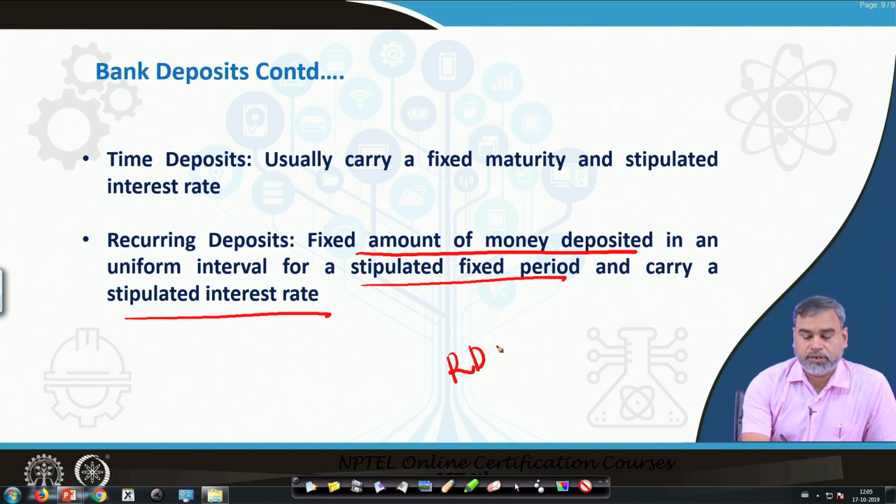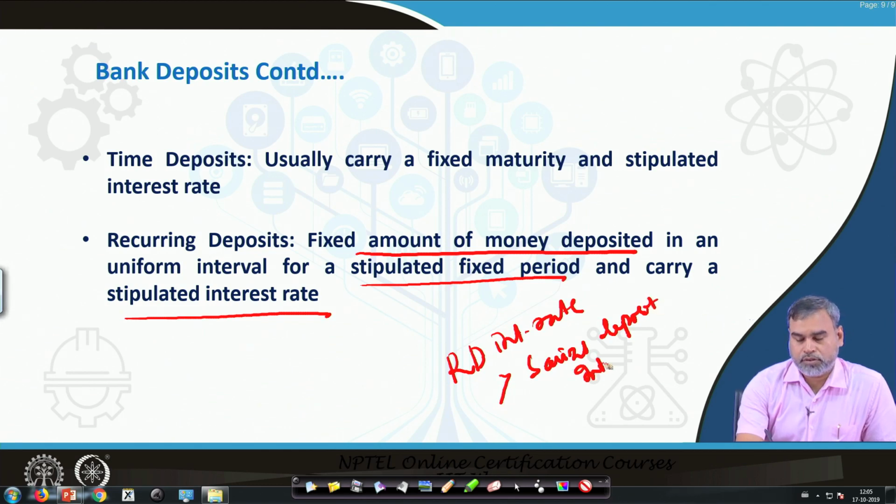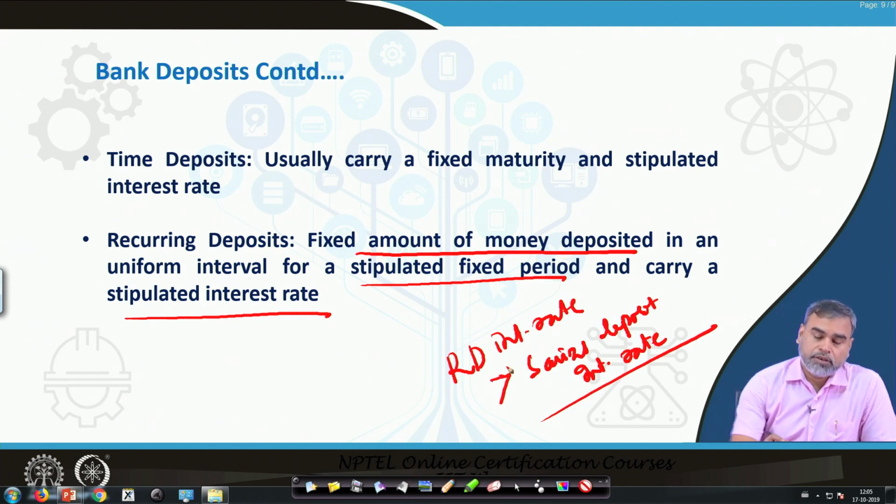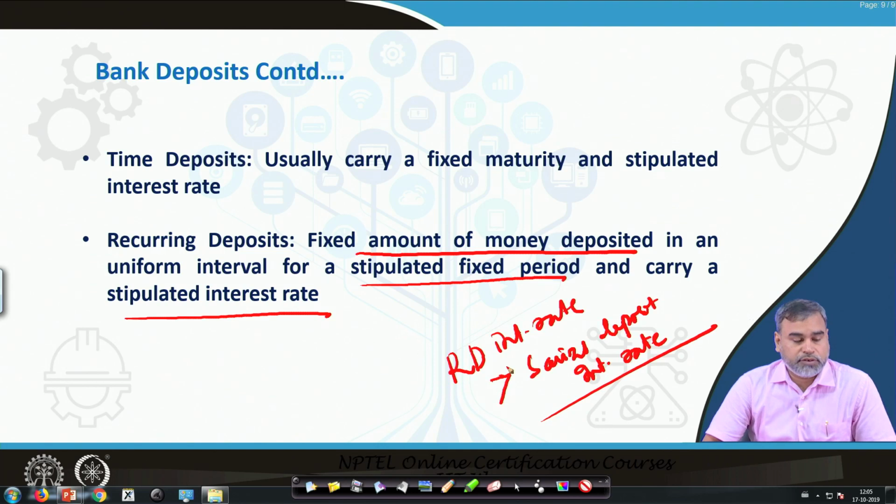The RD interest rate is more than the saving deposits interest rate.